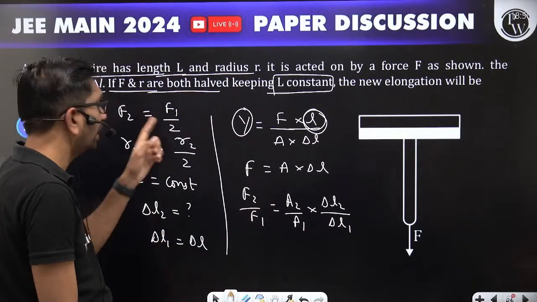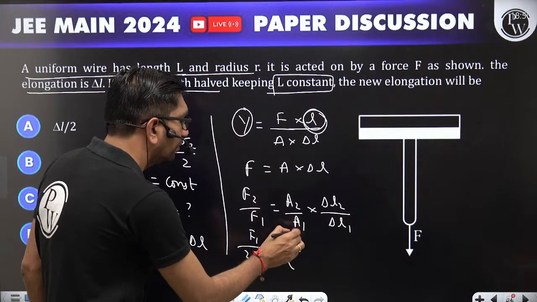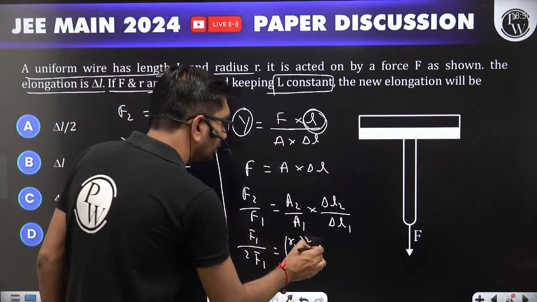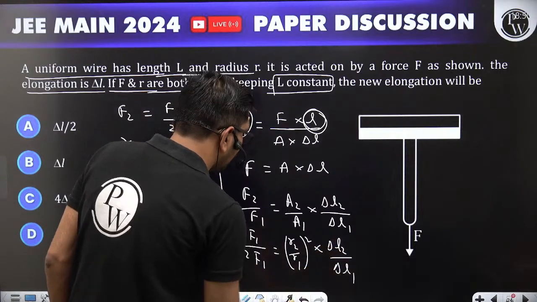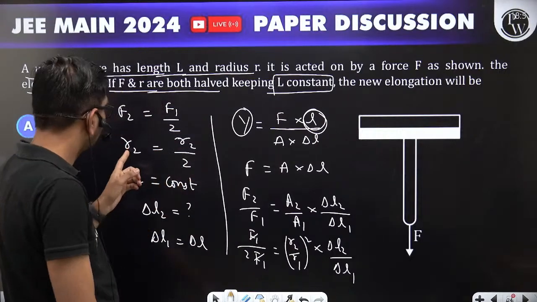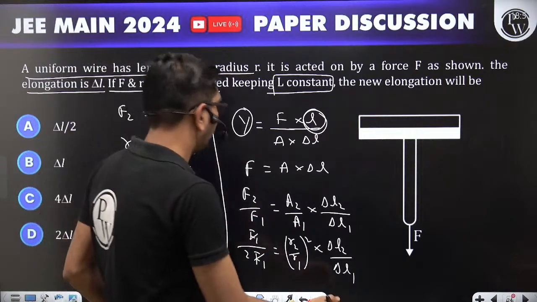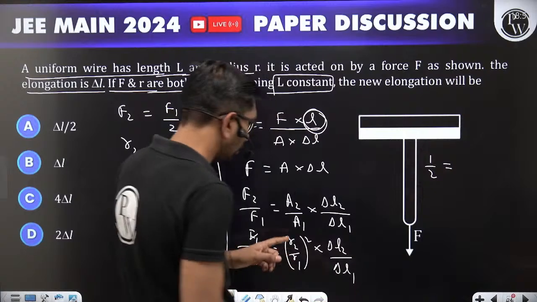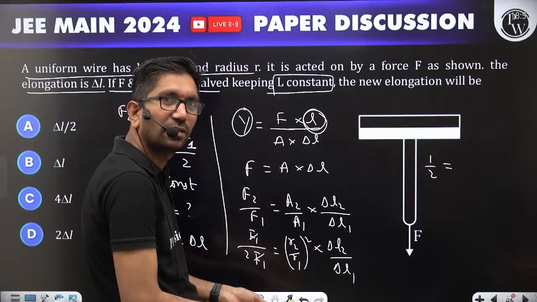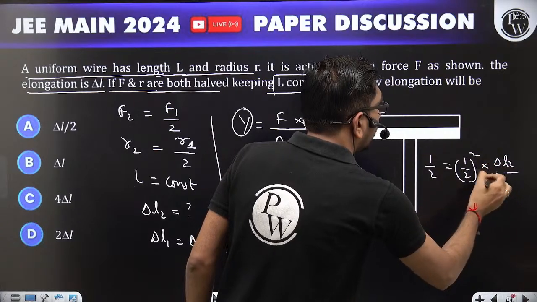F2 is given as F1 by 2, so F2 by F1 is 1 by 2. The area ratio is R2 by R1 whole square, since the area formula is pi R square. R2 is given as R1 by 2, so R1 gets cancelled. Finally you get 1 by 2 equals 1 by 2 whole square into delta L2 by delta L1.